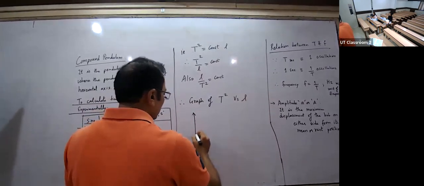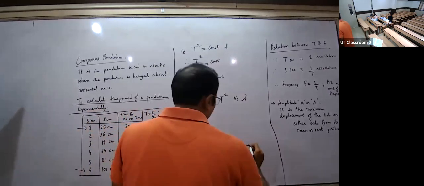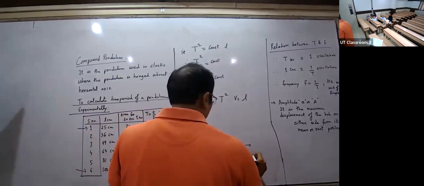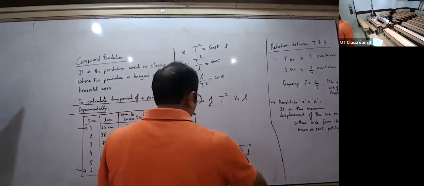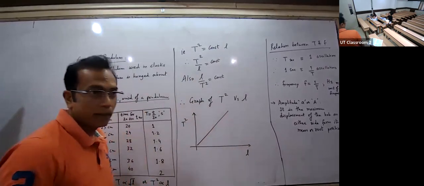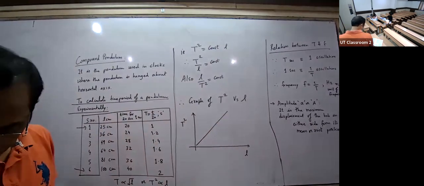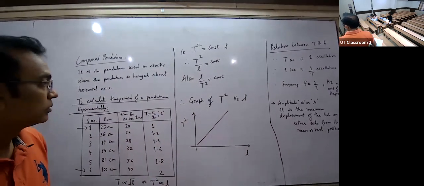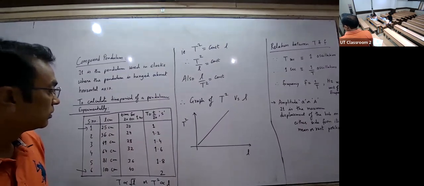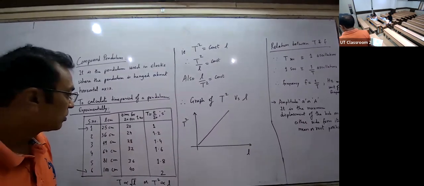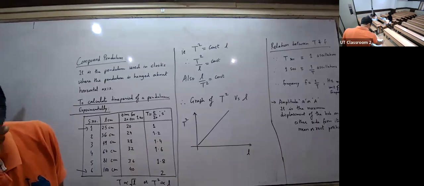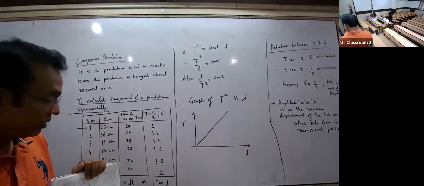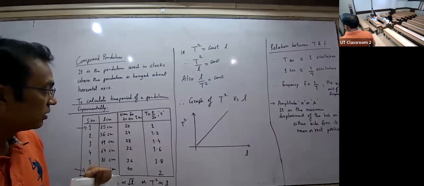So draw this graph, T square versus L, and you must get a straight line like this. And how much is this constant? That is also calculated in this table for the given experimental data. Right?